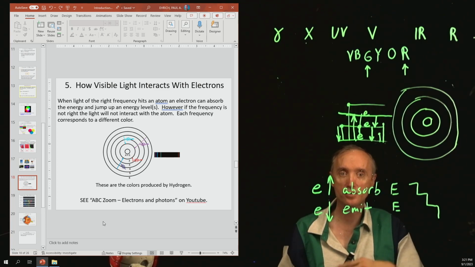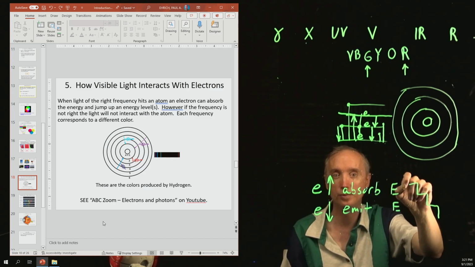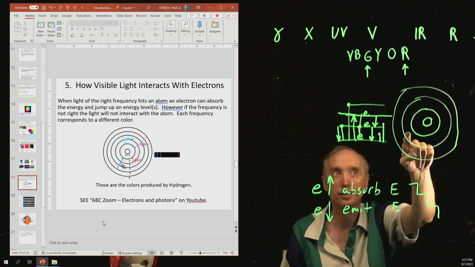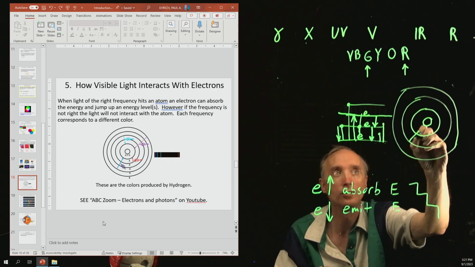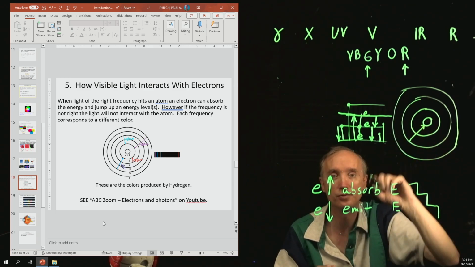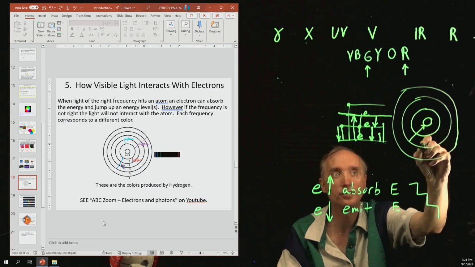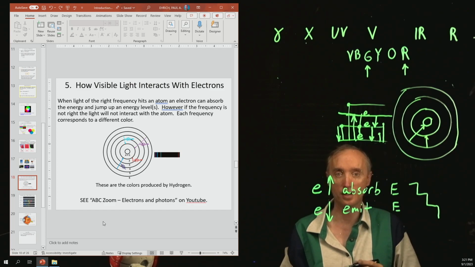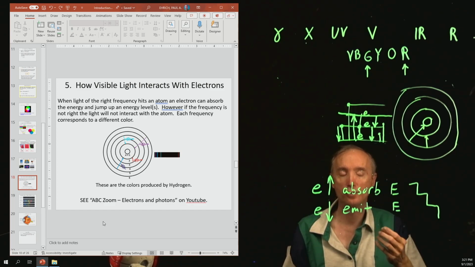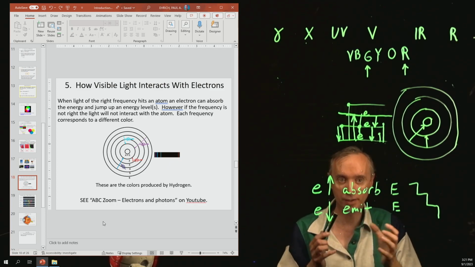In this picture that I've got right here, it shows what color of light would be produced if you're on this ring and you jump all the way down to that ring. Well, that's going to produce a certain color of light. But on the other hand, if you jump from here to here, that's going to produce a different color of light.